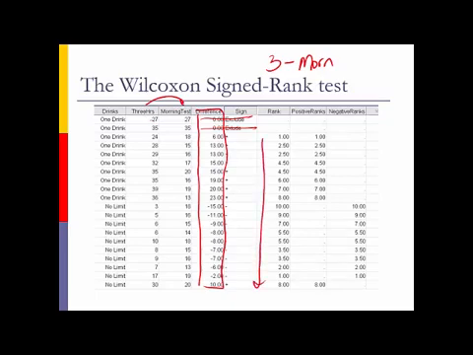Now, a lot of the things you're going to have to look at is we're going to have some positive ranks, and we're going to have some negative ranks. So the positive ranks are here, and your negative ranks, obviously here. And if we happen to have, again, ties, we're going to take those ranks.